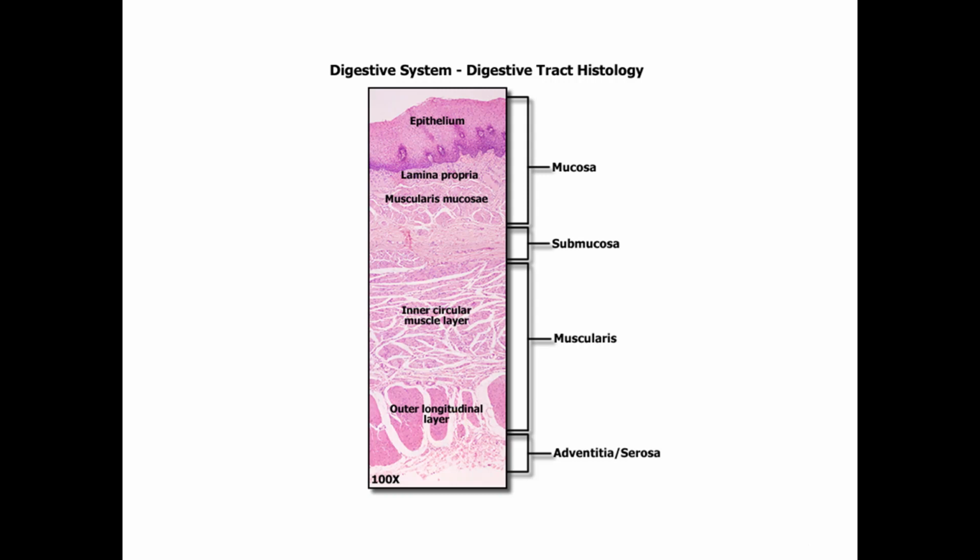For the adventitia and serosa, نعرف المقارنة between adventitia and serosa. Adventitia is just connective tissue. Serosa اللي هي connective tissue with the peritoneum. قلنا the esophagus three part: cervical and thoracic with the abdomen. The cervical and the thoracic part are surrounded by just connective tissue اللي هي راح تكون adventitia.